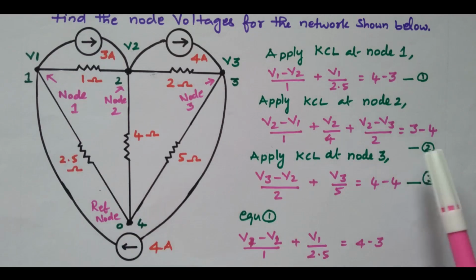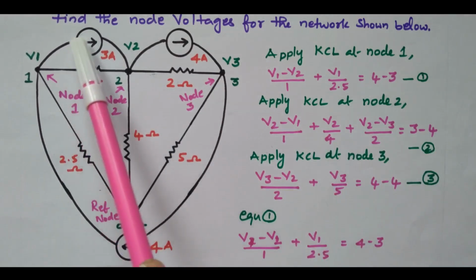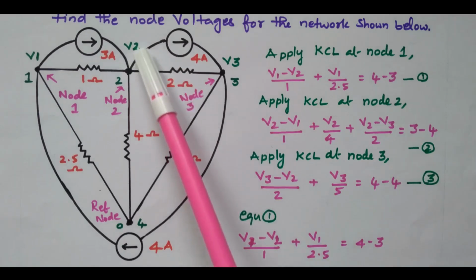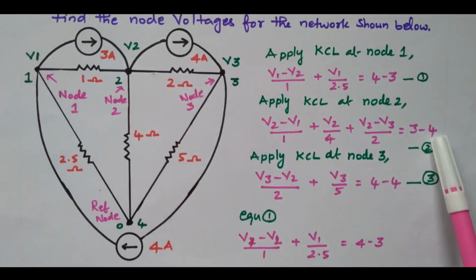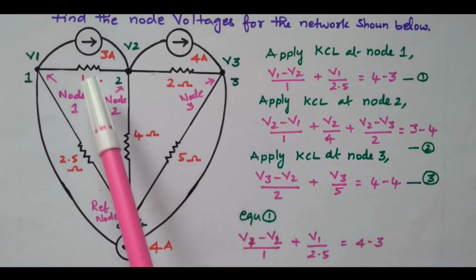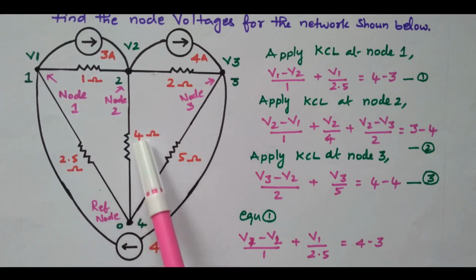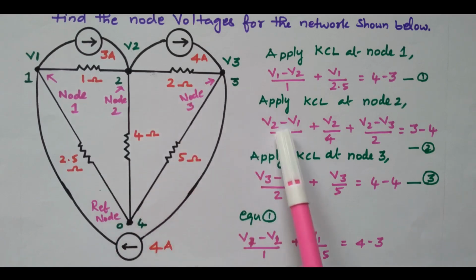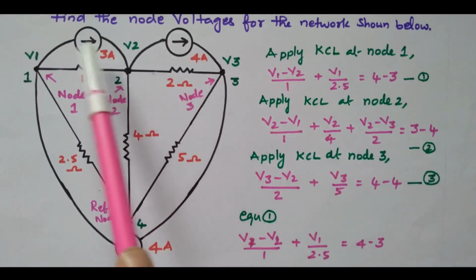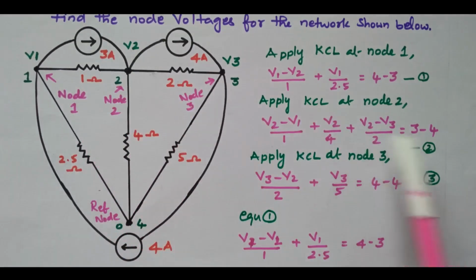That is equal to the currents: this 3 ampere is coming inside, so 3, and this 4 ampere is going away, so minus 4. So 3 minus 4 on the right hand side, based on the current direction. So this is equation number 2.